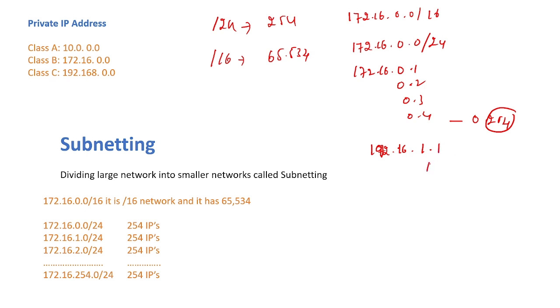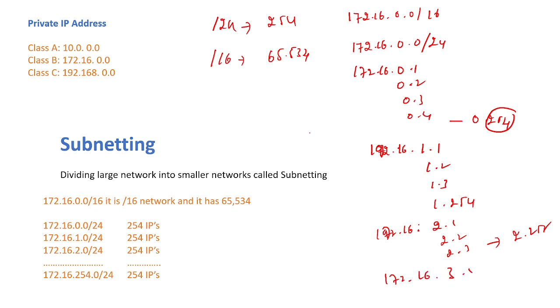172.16.1.1, 1.2, 1.3, up to 1.254. Then this 1 becomes 2: 172.16.2.1, 2.2, 2.3, up to 2.254, then 172.16.3.1.